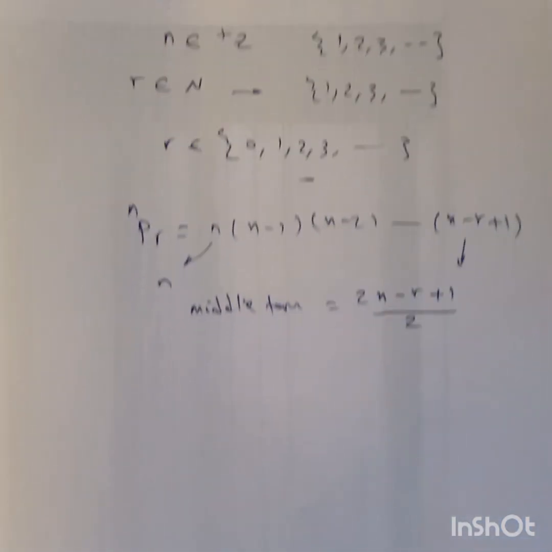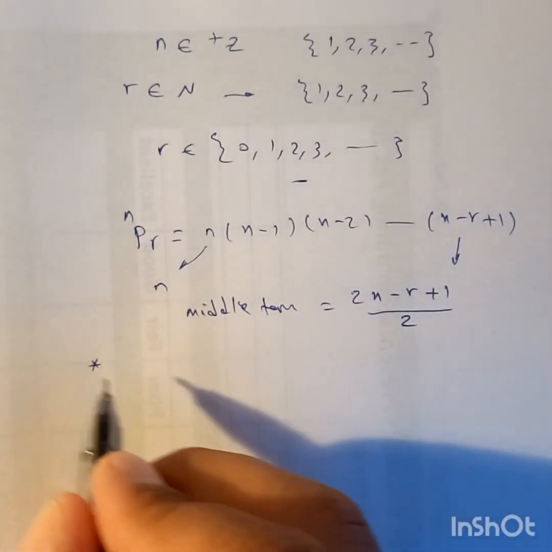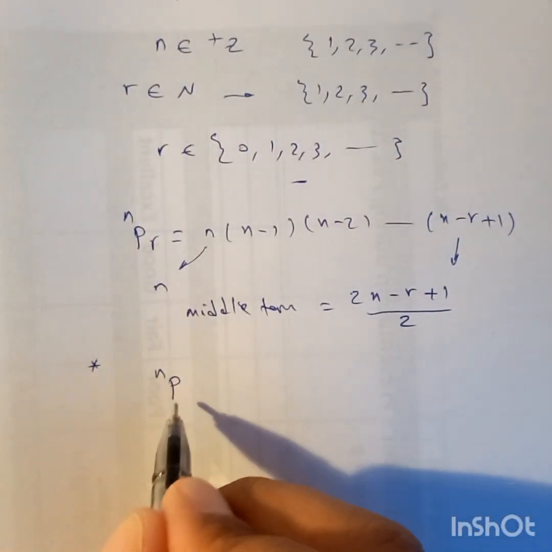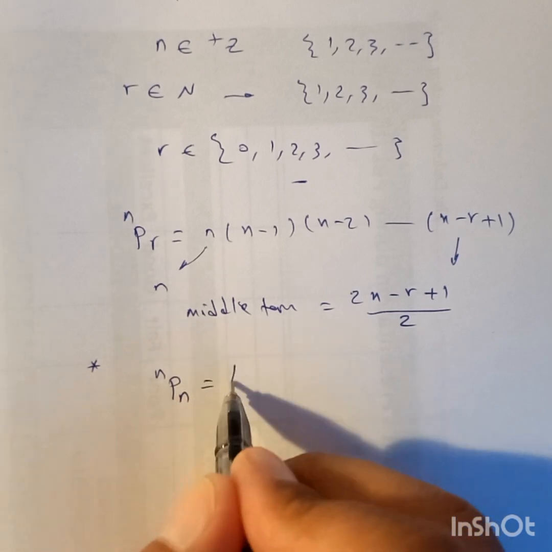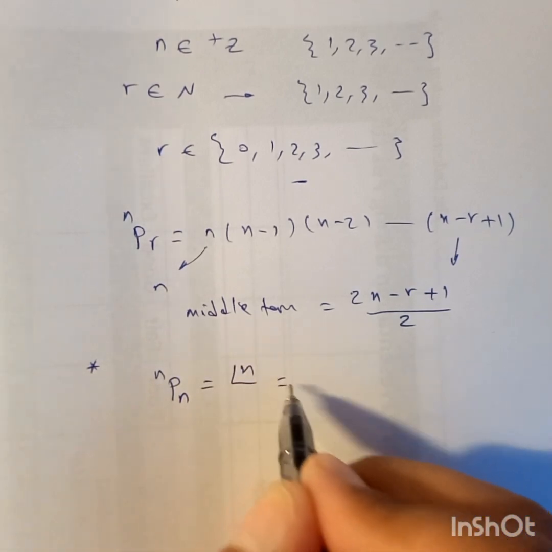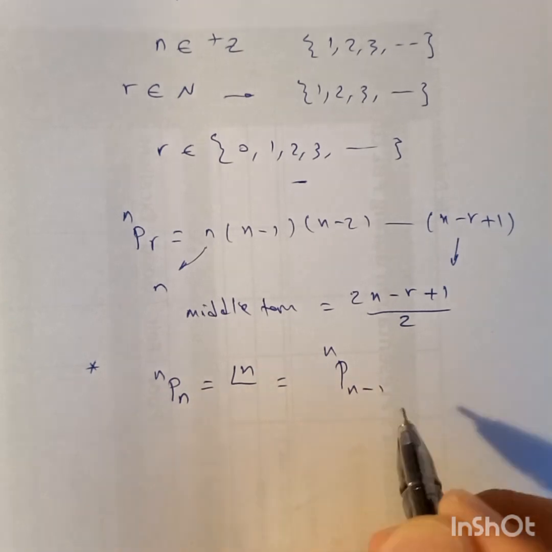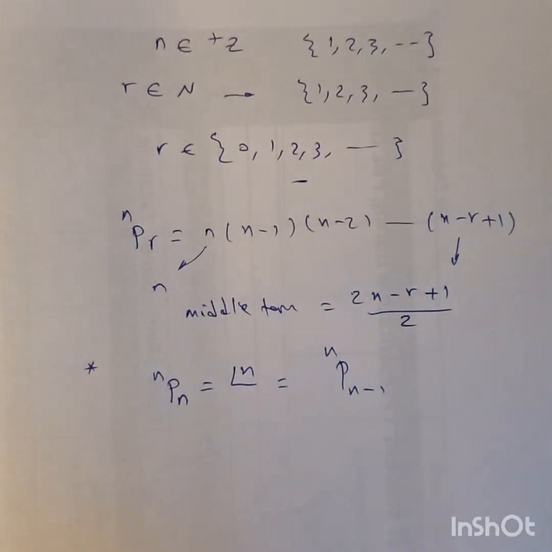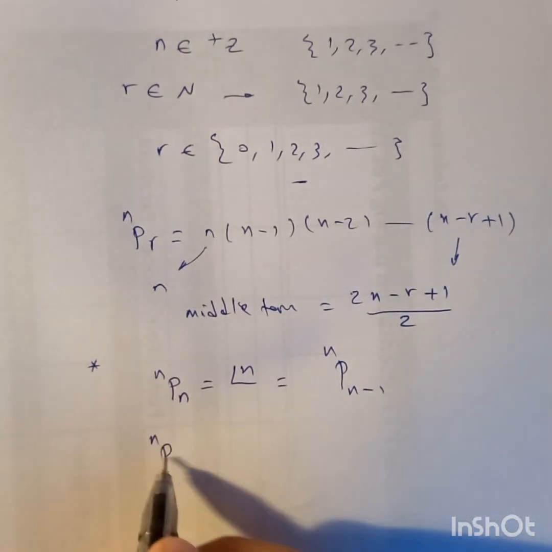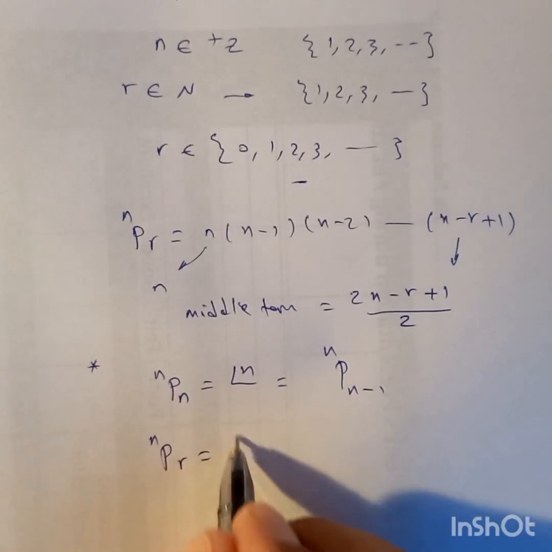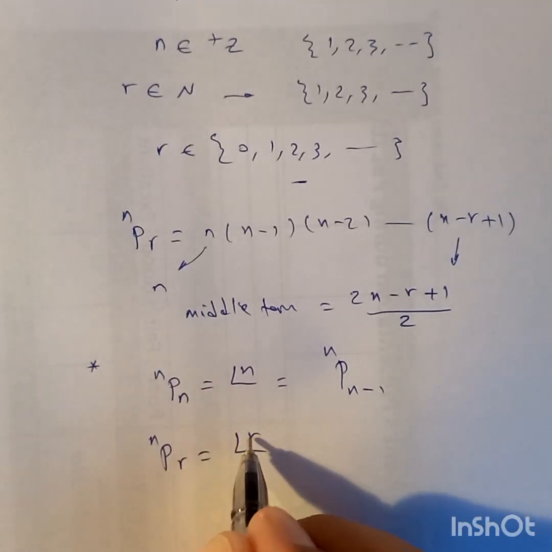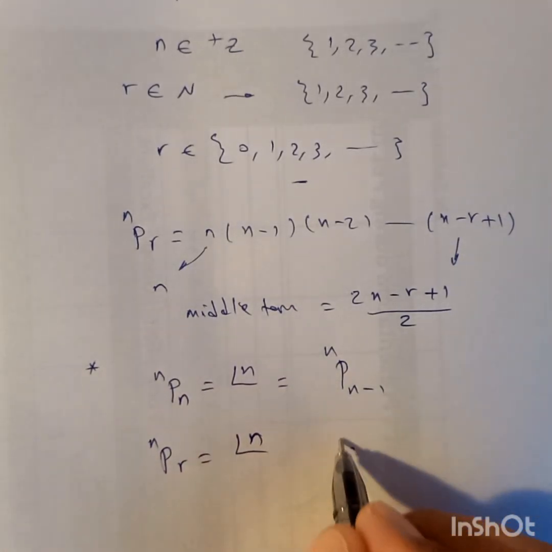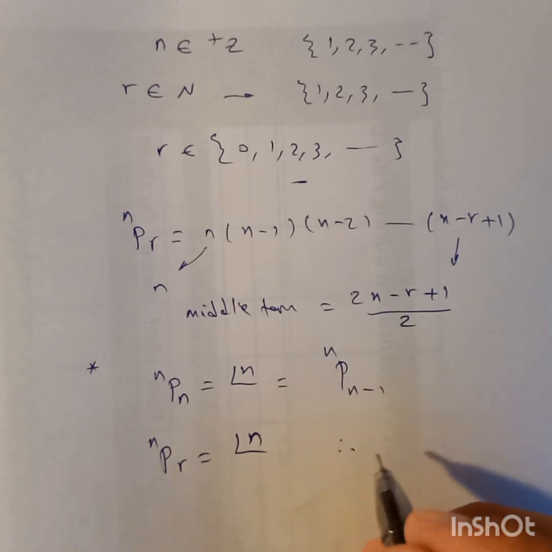We have another remark. If we have nPn, this equals factorial of n, this equals nP(n minus 1). Again, if we have nPr equals factorial of n, then we have two options here.